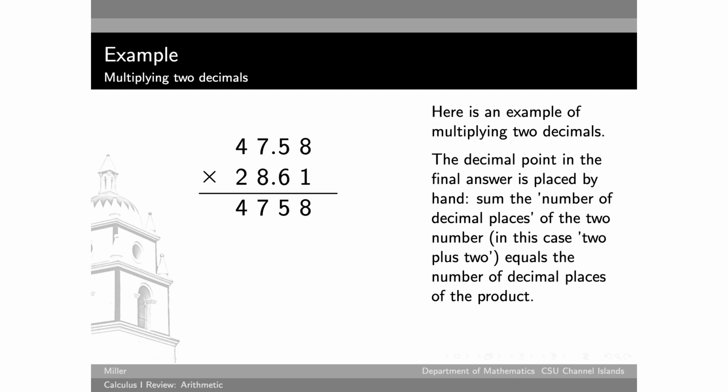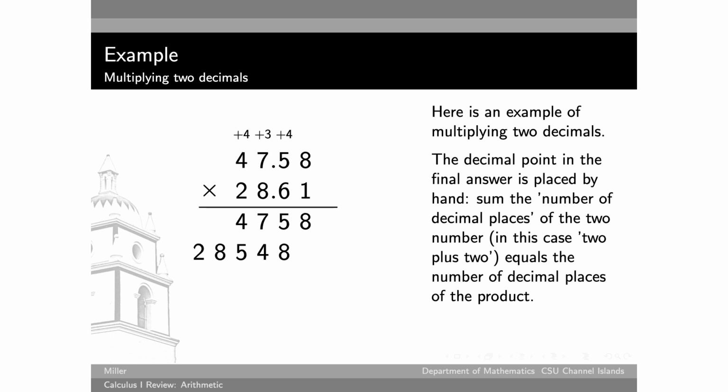So I'm going to record the 8 in the second column and carry the 4. Then I get 6 times 5, which is 30. Add the 4, so 34. So I record the 4 and carry the 3, and so on.